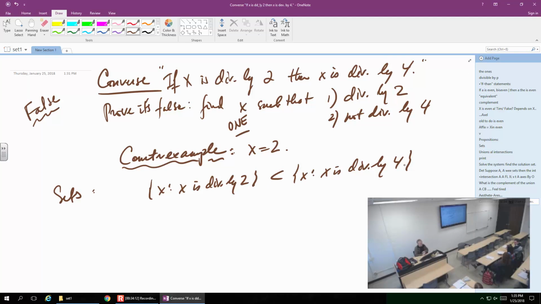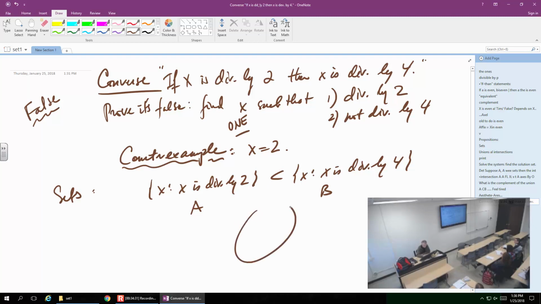Now we ask ourselves, how do we disprove it? There's stuff that lies in the set divisible by 2 that doesn't lie in the set divisible by 4. So you can have an illustration like this.